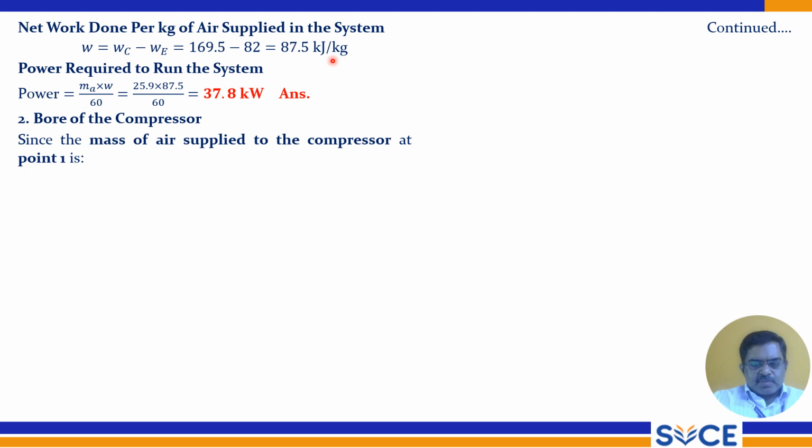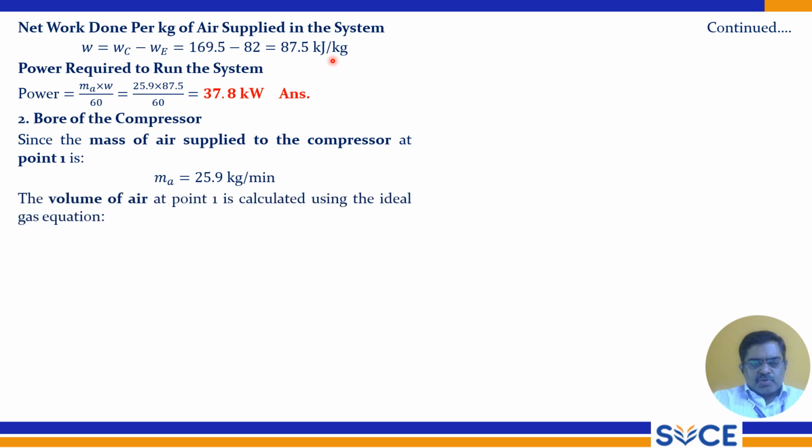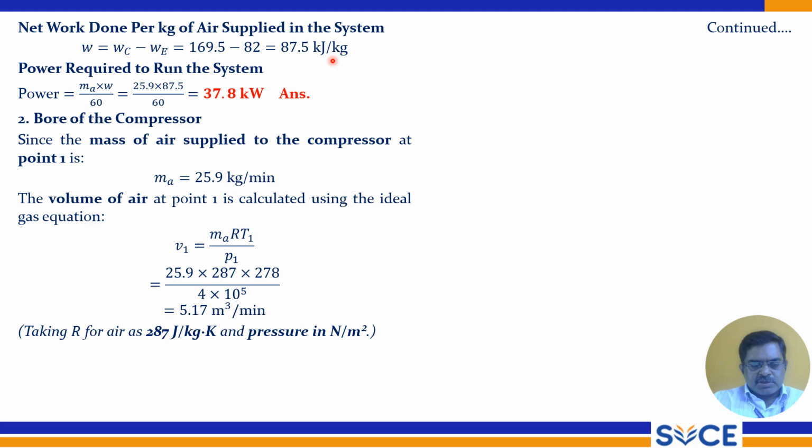The mass of air supplied to the compressor at point 1 is MA equal to 25.9 kg per minute, and the volume of air at point 1 is calculated using the ideal gas equation, V1 equal to MA R T1 by P1, that is equal to 25.9 into 287 into 278 divided by 4 into 10 to the power of 5.